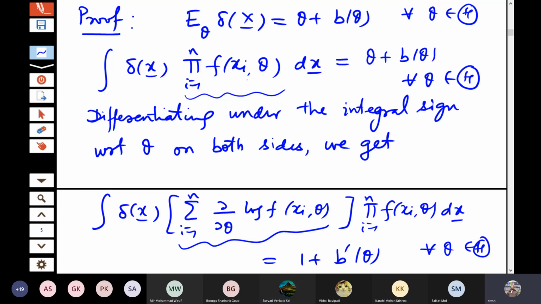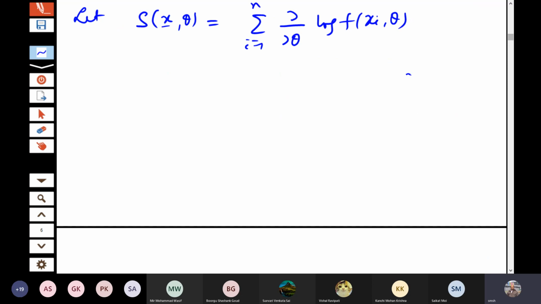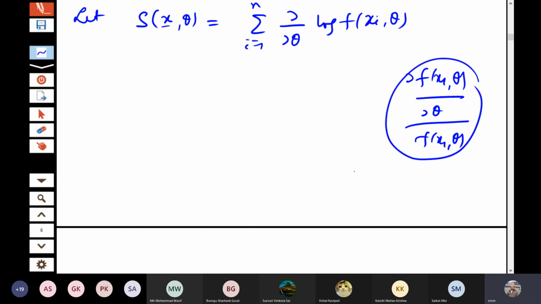So that term is missing now from the product, because the product has all the terms. In order to make the product intact, I will multiply and divide by f(x1, theta). So now I have got the term del f(x1, theta) by del theta divided by f(x1, theta), which is nothing but del log f(x1, theta) by del theta. Is that okay? Yes, sir.